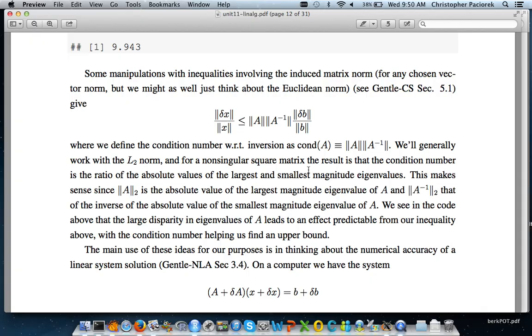So what this says is, if this is 10 to the t, I basically have 10 to the t minus p as the relative precision with which I can represent the answer.